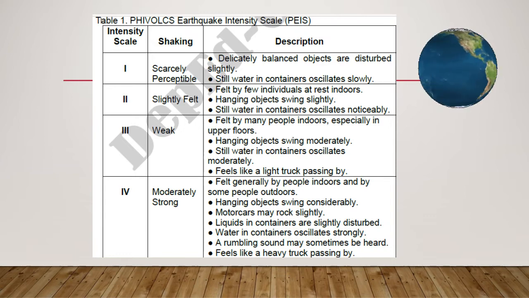Motor cars may rock slightly, and some liquid containers are slightly disturbed, and it feels like a heavy truck is passing by. In intensity number 3, it's just a light truck. But intensity number 4, it feels like a heavy truck is passing by.